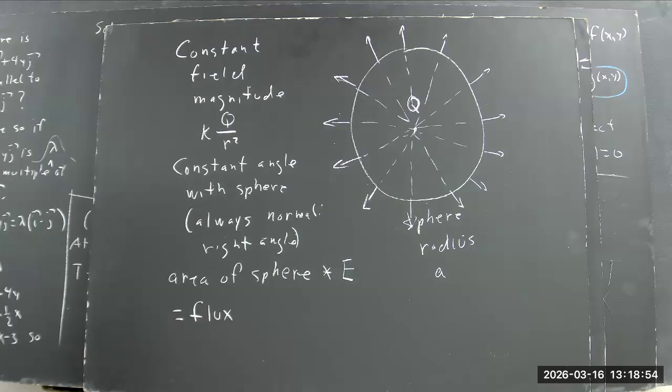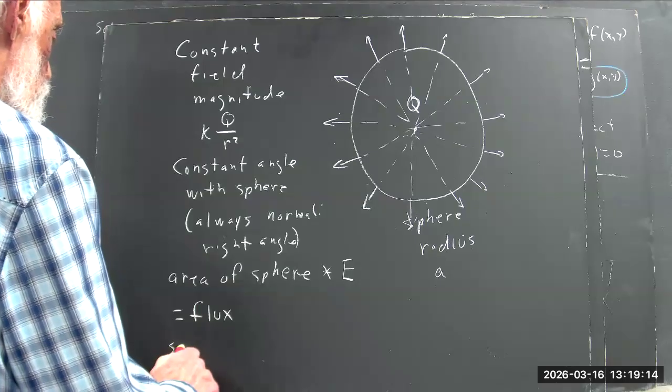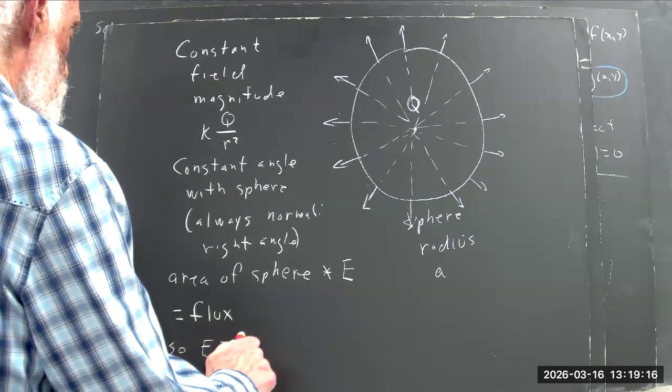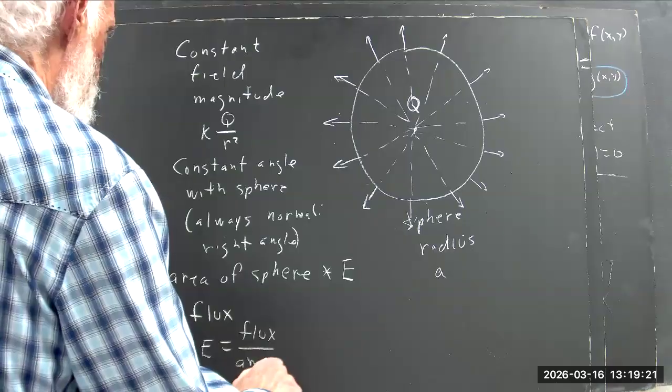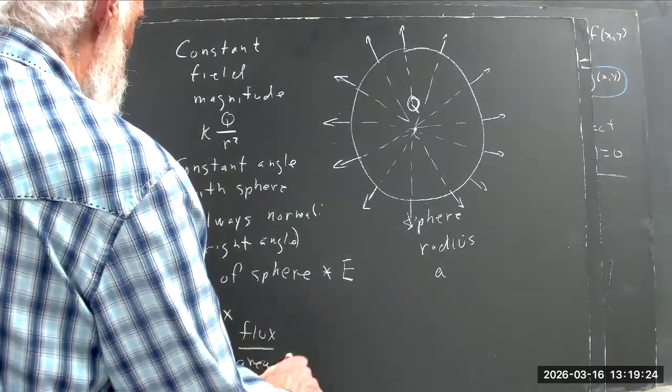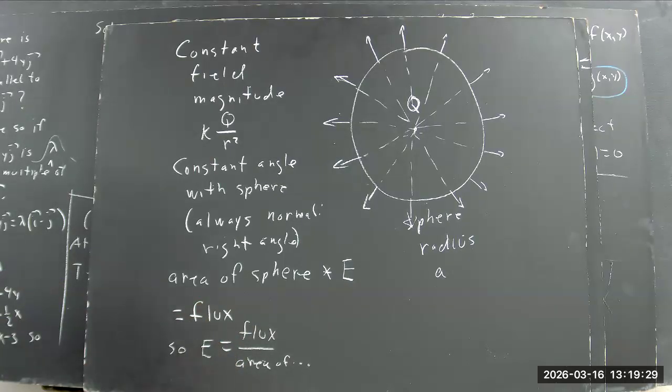If you've had multivariable calculus, which a couple of you have, and some of you are taking it now, flux is going to come up real fast, okay? So your electric field is a flux divided by the area.